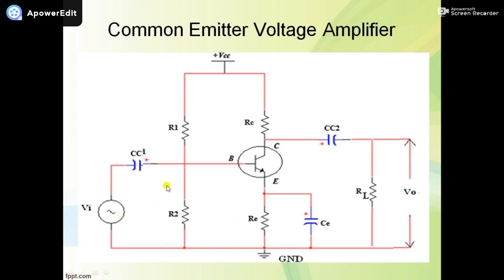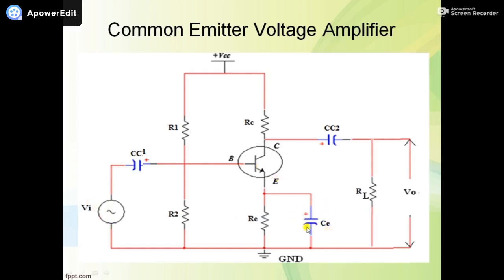When these DC signals mix with the input signal, we get some distortion at the base of the transistor. If there is distortion at the input side, there is also distortion at the output side. So with the help of these two coupling capacitors, we can block the unwanted DC signal, and they allow only AC signals to the base of the transistor.